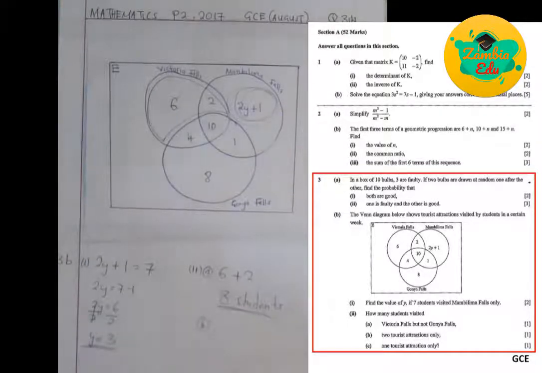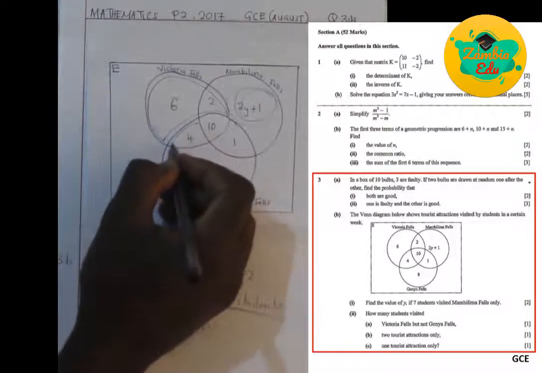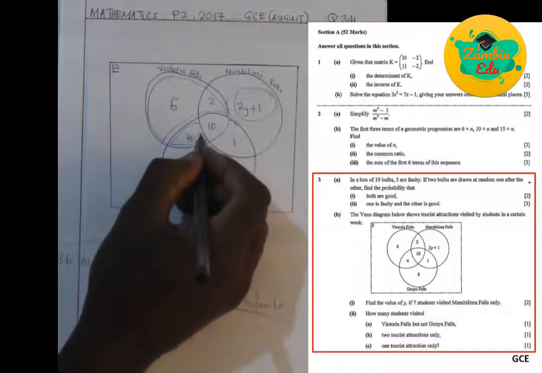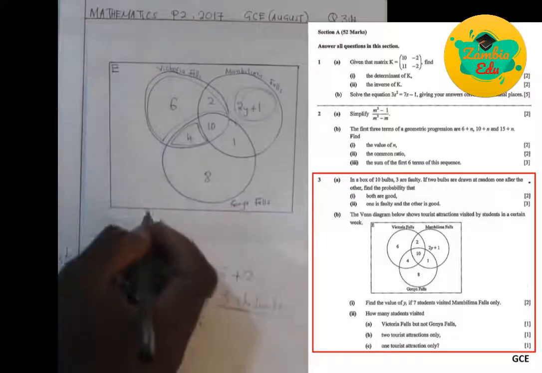B. How many students visited 2 tourist attractions only? So we're looking at the intersections for 2, so we have 4 there as the intersection for Victoria Falls and Gonia Falls.